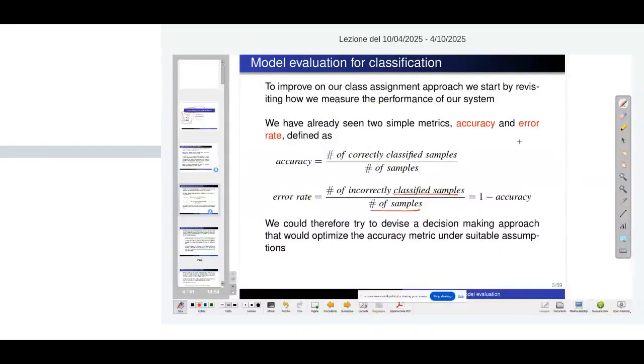So if I go back to my healthy, ill patient scenario, every healthy patient labeled as ill will account for one error, but that's the same as any patient that is ill and is labeled as healthy. So those mistakes, if I use this expression, every time I have one mistake, I will add 1 to the numerator, regardless of the kind of mistake. So both mistakes weigh the same.